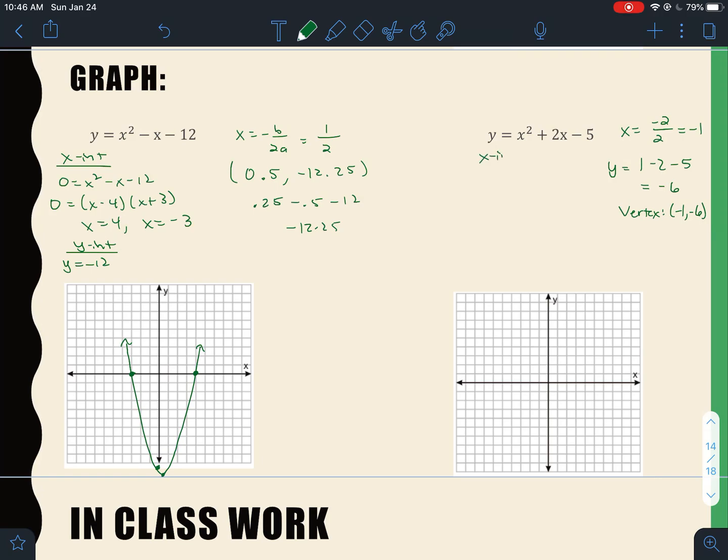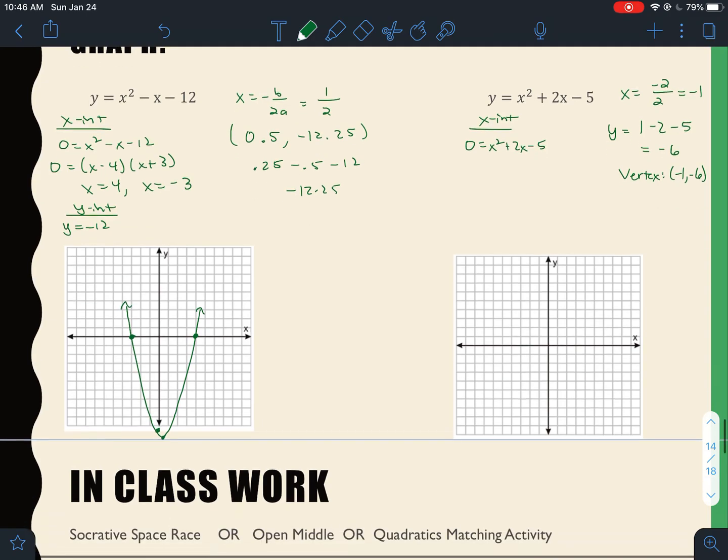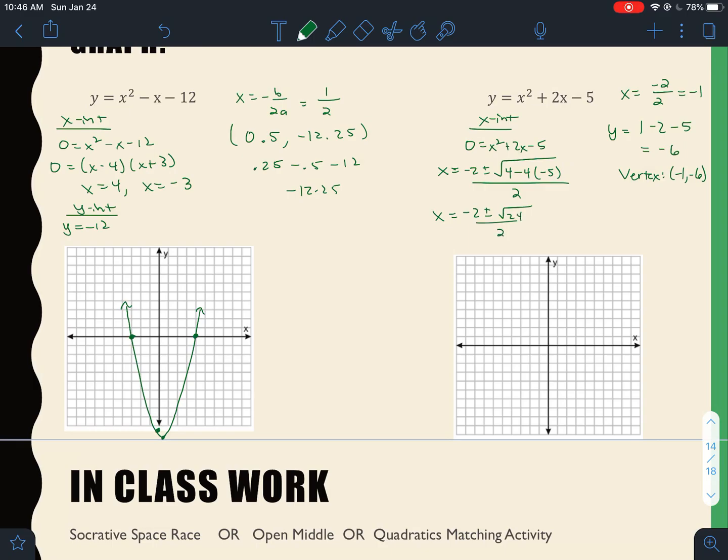My x-intercepts, we have 0 equals x squared plus 2x minus 5. I can't factor that, so I'm going to have to use the quadratic formula. So x equals -2 plus or minus the square root of b squared minus 4 times a times c all over 2 times a. So my x-intercepts are going to be at -2 plus or minus the square root of 24 over 2.